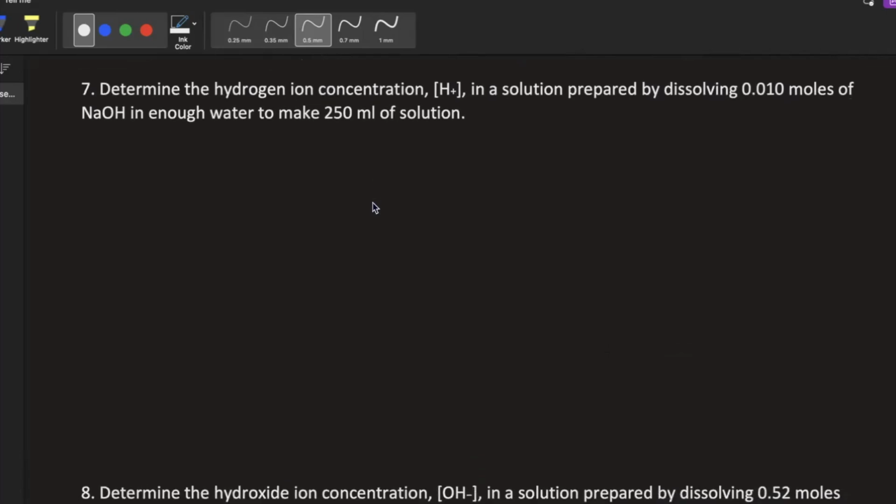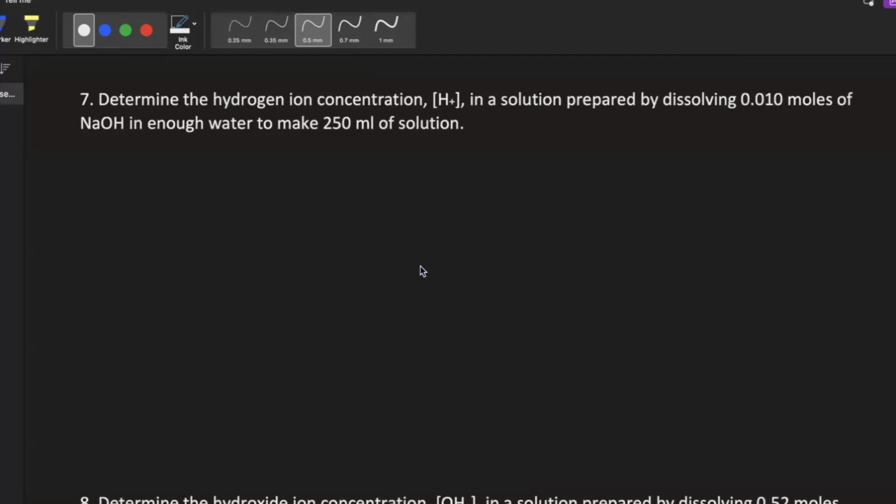Okay. The next problem says determine the hydrogen ion concentration, H plus, in a solution prepared by dissolving 0.01 moles of NaOH in enough water to make 250 milliliters of solution.